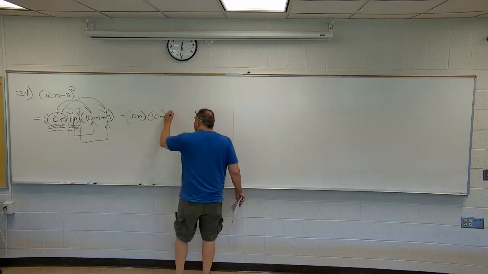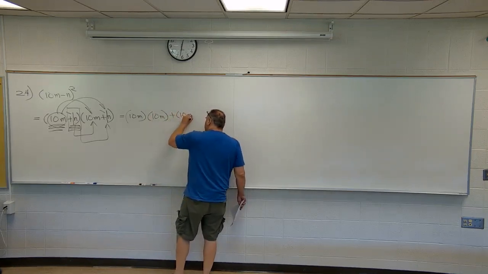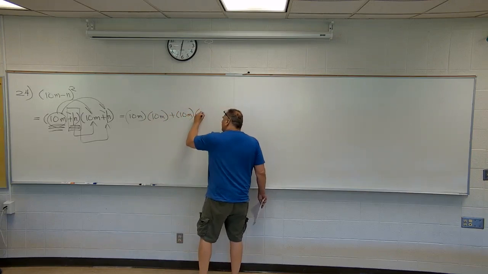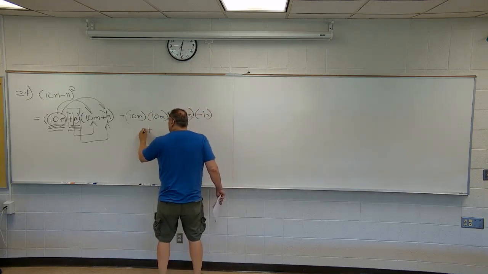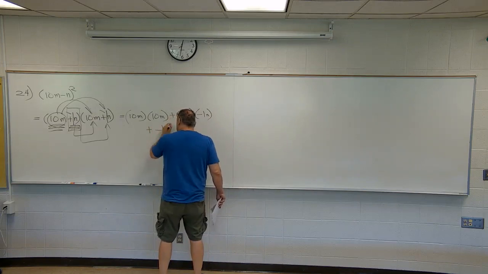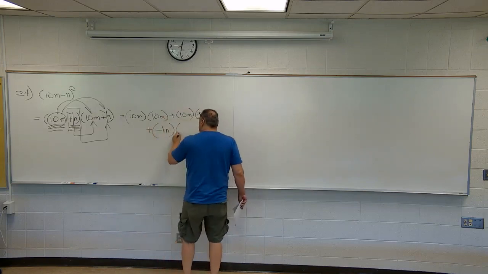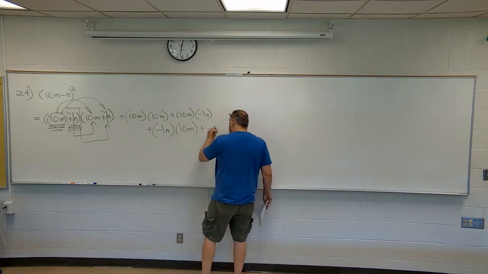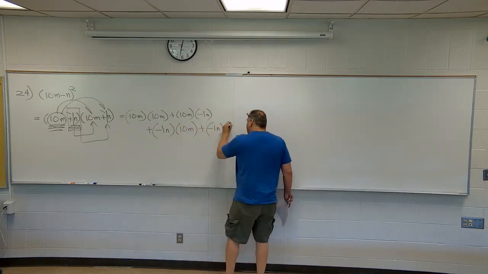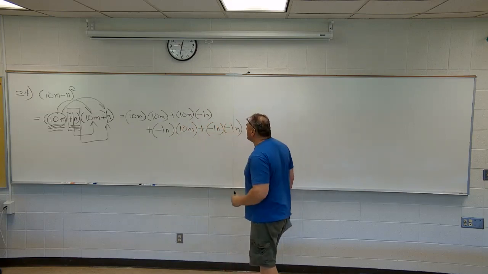10m, negative 1n. Again, this is basically the argument, guys, how you're proceeding with this whole process.